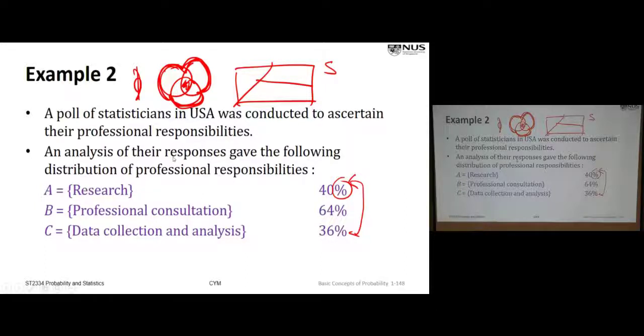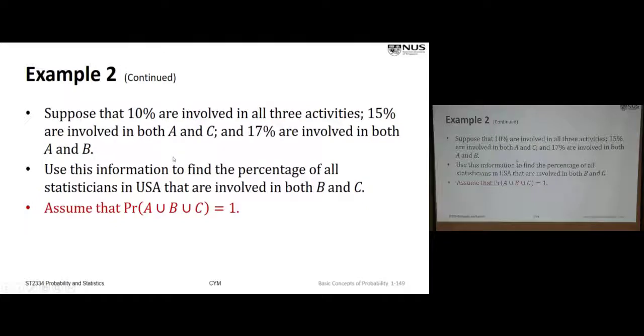But from here we don't have the information whether A, B, and C are exhaustive events, an exhaustive group. That means combining them together, taking the union. My question is, A union B union C, is it equal to the sample space?